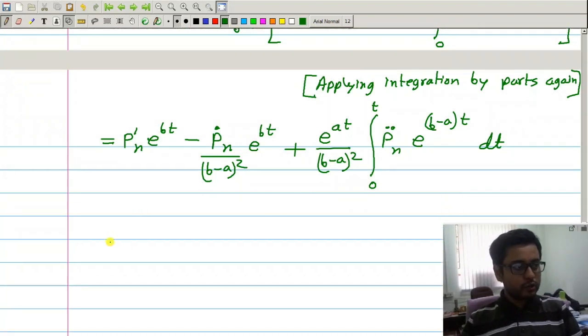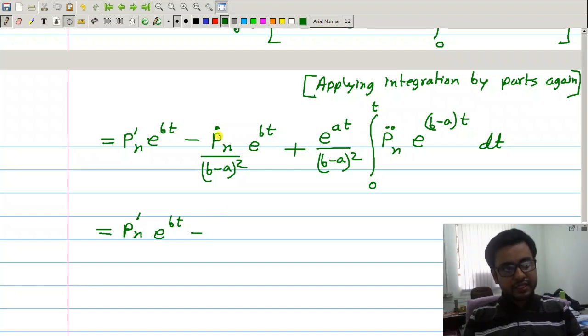Okay, now here you see that, let me keep the first term as it is. The second term is the derivative of a nth degree polynomial. So that will be a polynomial of degree n minus 1.